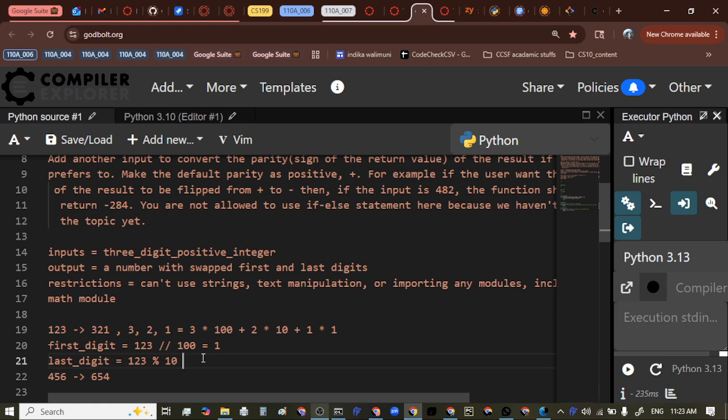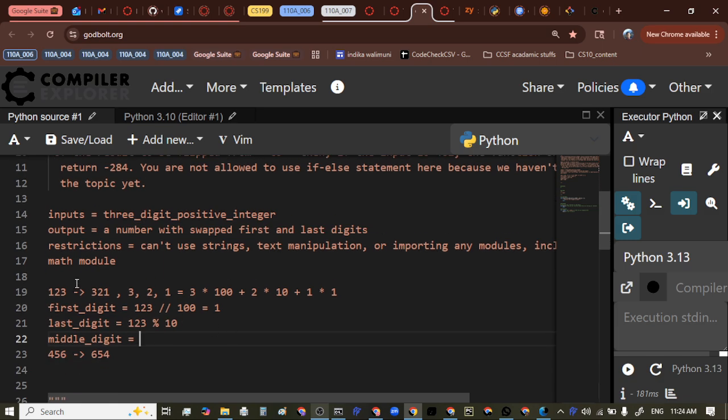Okay, so how do you take the middle digit? We integer divide by 10 and then we modulo by 10. Yes, you got it. Here's how you get there. Given 123, we need to calculate 2.